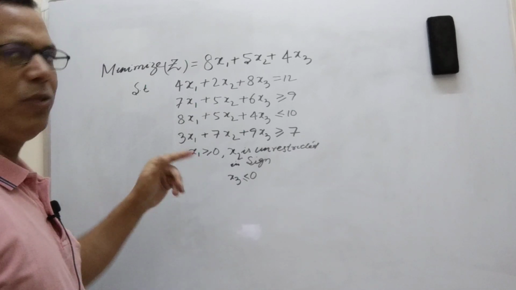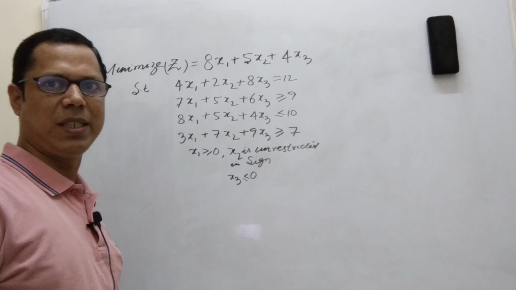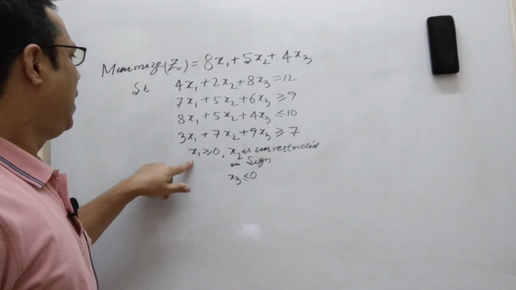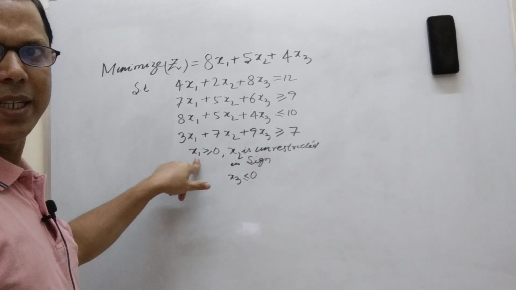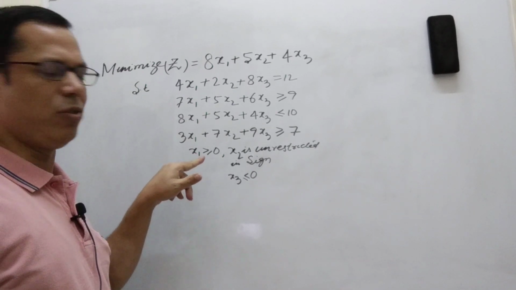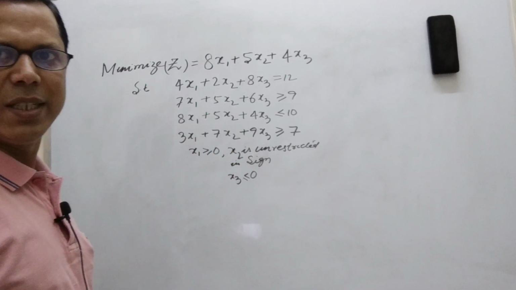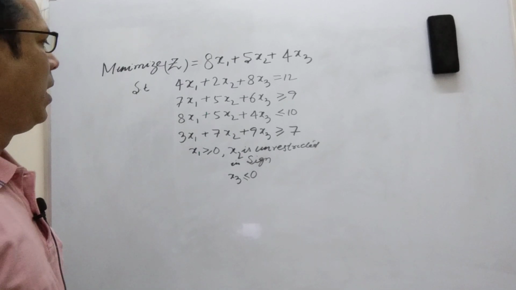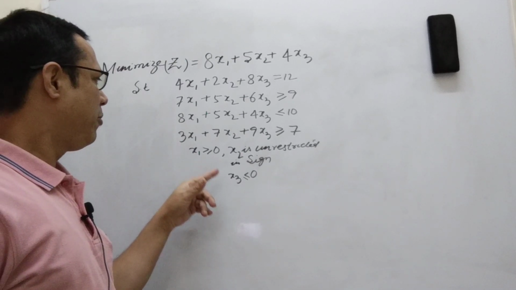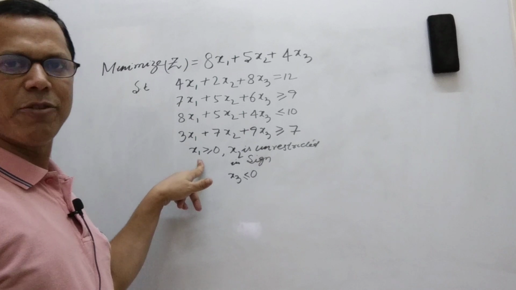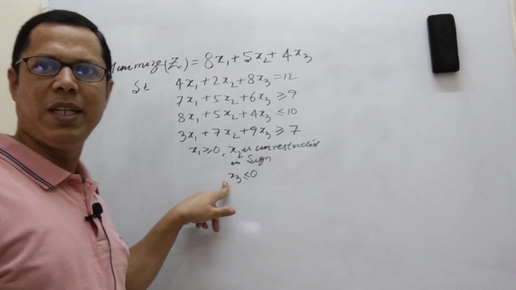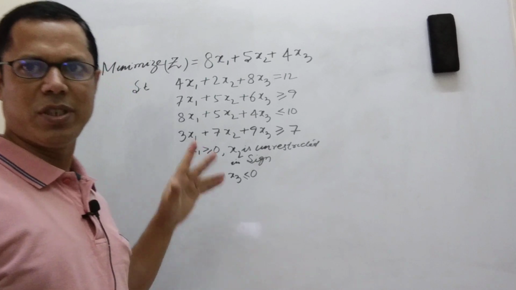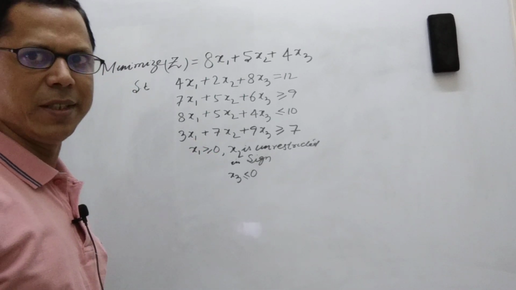But if you see part 3, you will find this condition exists. It means two variables, x1 and x2, were greater than equal to 0, and one variable was unrestricted in sign. But here there is a minor difference. One variable is greater than equal to 0, one variable is unrestricted in sign, and one variable is less than equal to 0. So this question is somewhat different from the previous one.